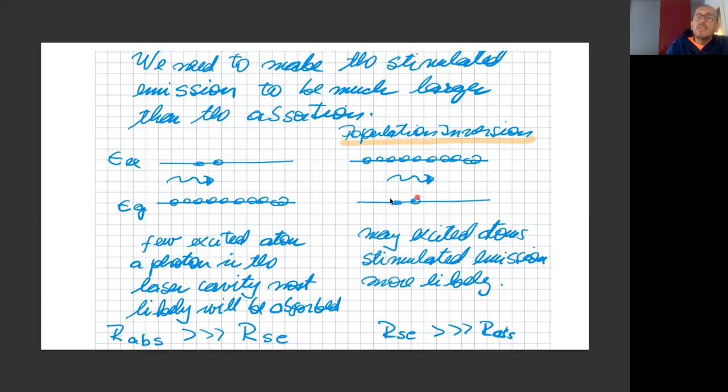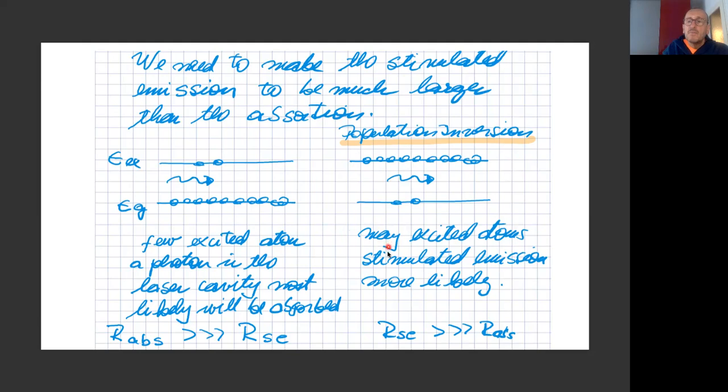You will never see these guys, you will only see this guy. And when you see these guys, it will induce a transition to the lower state, and the other guy will also induce a transition. So I will have a cascade of coherent photons being emitted as the relaxation process from this state to this state occurs, okay?